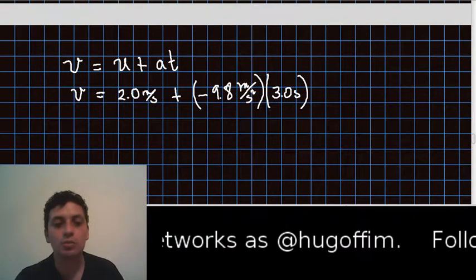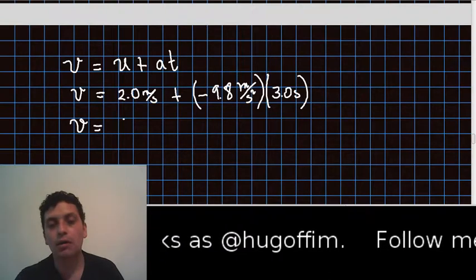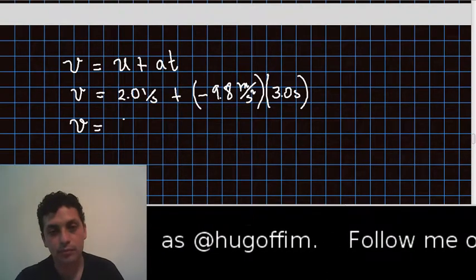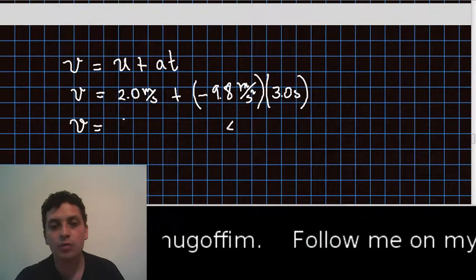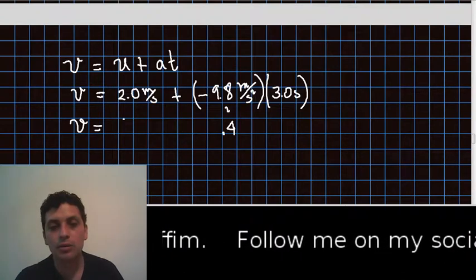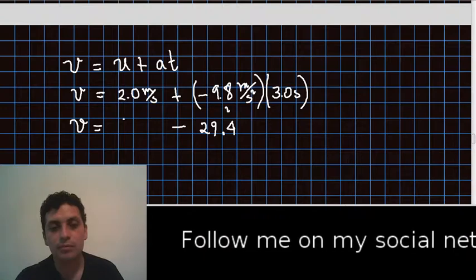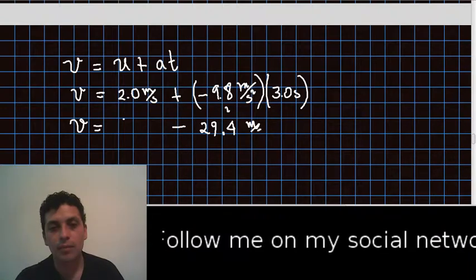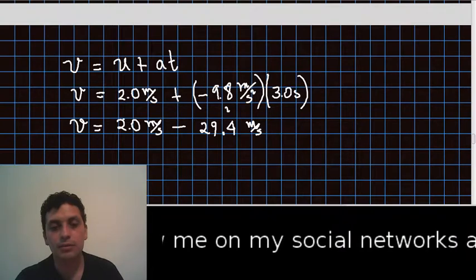So I just need to multiply this. Okay, I'm going to do it by hand. 3 times 8, 24. 3 times 9, 27, and 2, 29. And 2.0 meters per second.